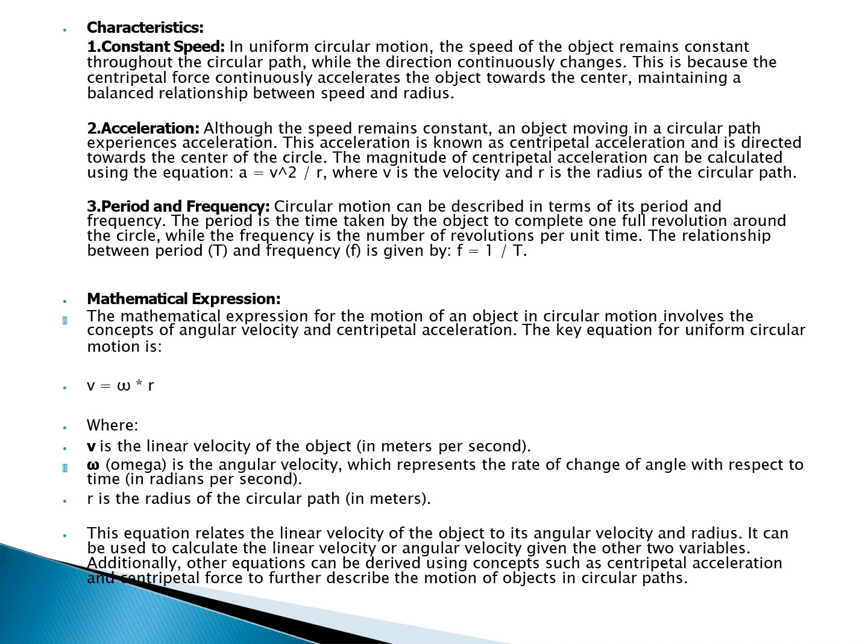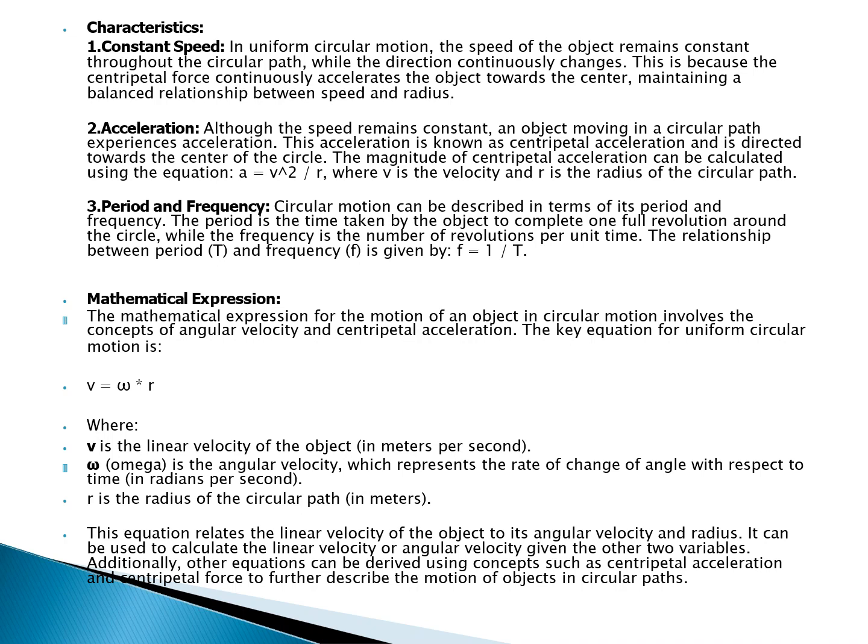Mathematical expression. The mathematical expression for the motion of an object in circular motion involves the concept of angular velocity and centripetal acceleration. The key equation for uniform circular motion is v equals omega times r, where v is the linear velocity of the object, omega is the angular velocity, which represents the rate of change of angle with respect to time, and r is the radius of the circular path.